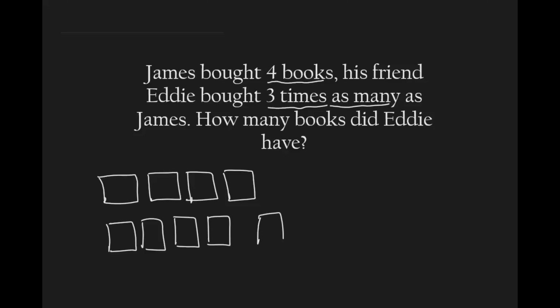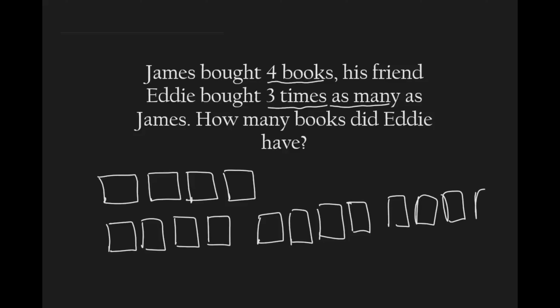So 1, 2, 3, 4, and then another time, 1, 2, 3, and 4. So this is one set, this is another set, and this is a different set. This is James, I'm just going to put a J there. And then this is Eddie.